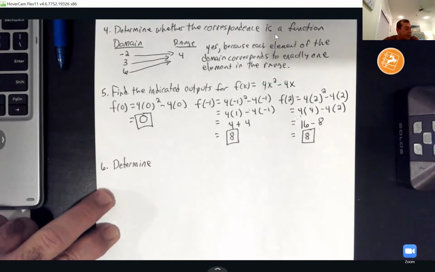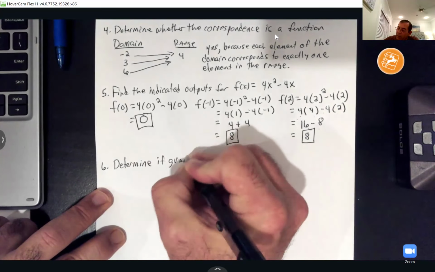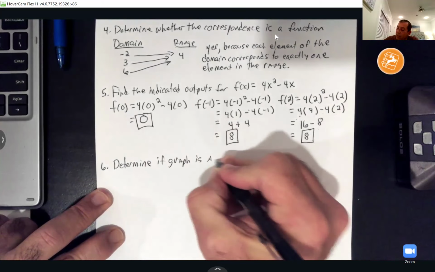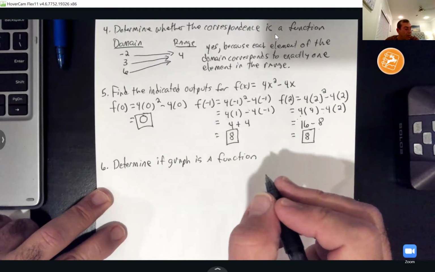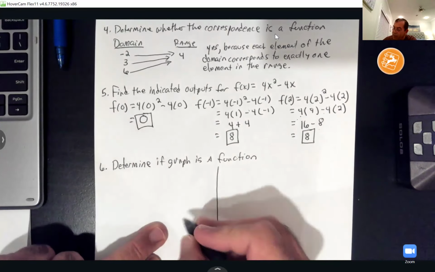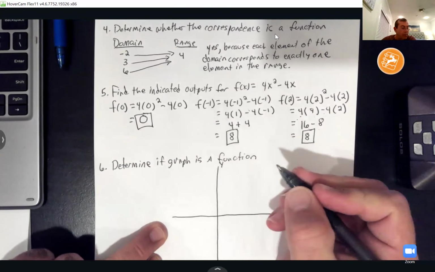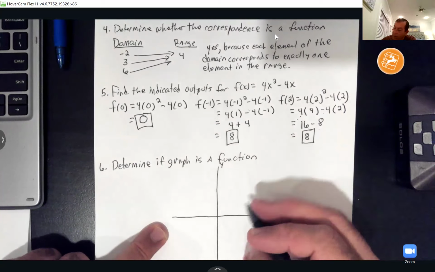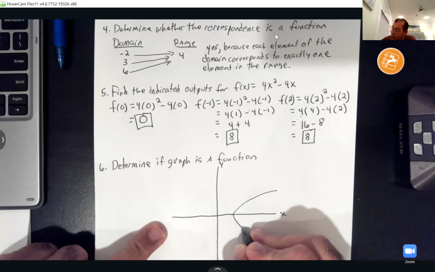All right, y'all, number 6, determine if the graph is a function. All right, so y'all, I'm going to give you a rough draft of this. So this graph I got looks like a sideways parabola.